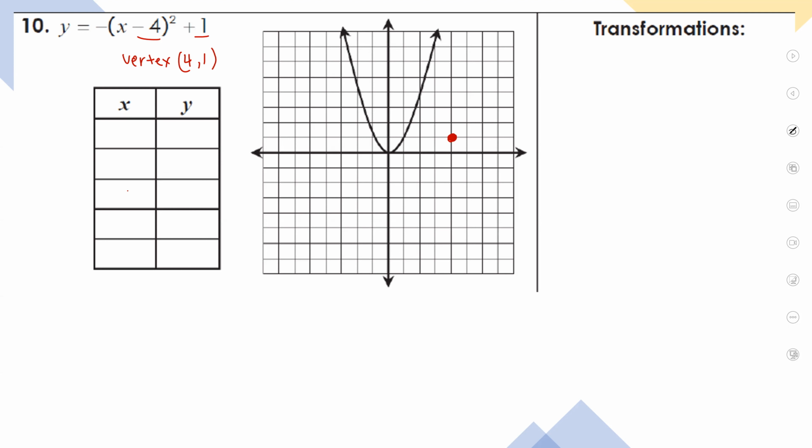And you can put that in your table. Now just pick some different numbers. Do the numbers surrounding 4. Plug those in and see what points you get, and then you'll be able to graph it. Roughly, I know it's going to look something like this because it's facing down because there's a negative in the front. It's going to look something like that, okay? So I'm going to let you guys fill out the table yourself.